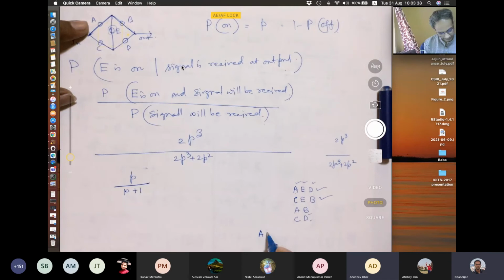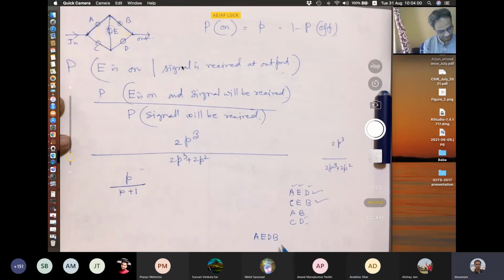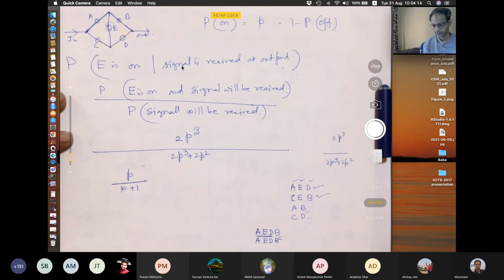So you are saying A, E, D, and B, they all are on. Okay. Yes, sir. This is one single case, but we are counting it twice because of the cases AED as well as AB. Look, if the AED path will be working, then B can be on or off.